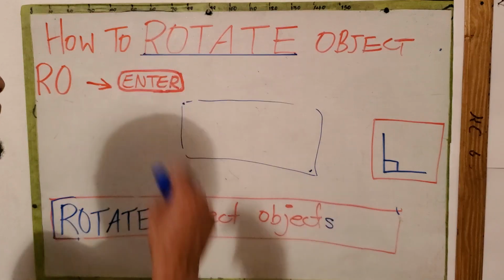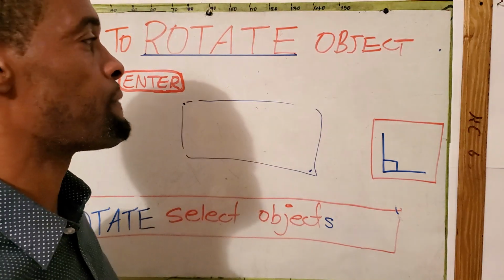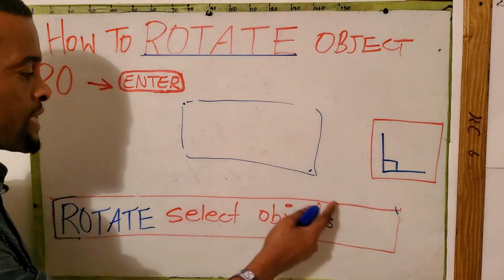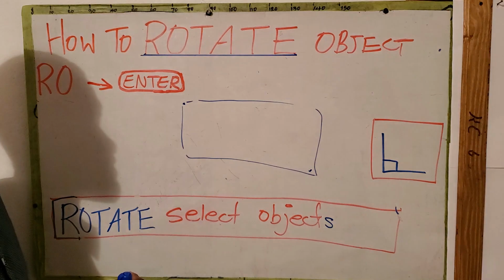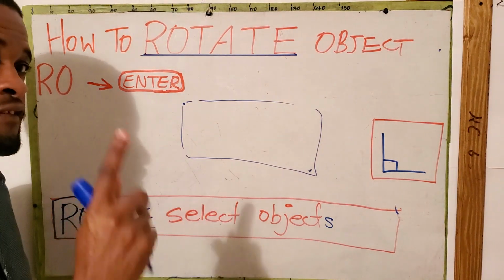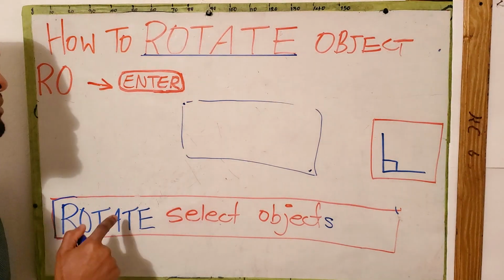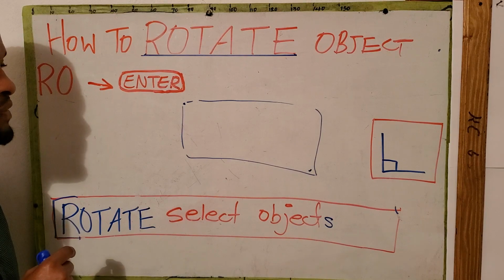Next thing to know, once you have selected the object and specified the base point, the command bar will again change. This section, the command bar, is very, very important. You must read the command bar with every click.